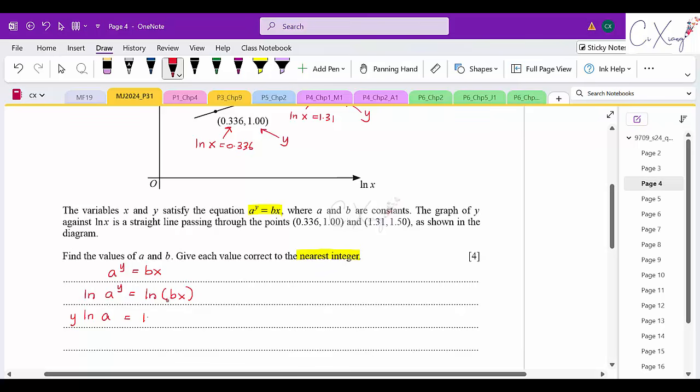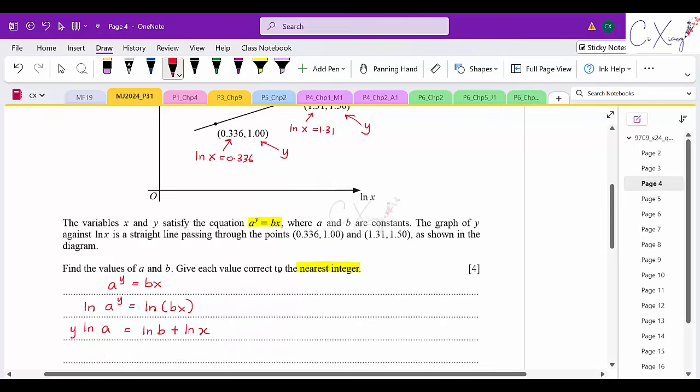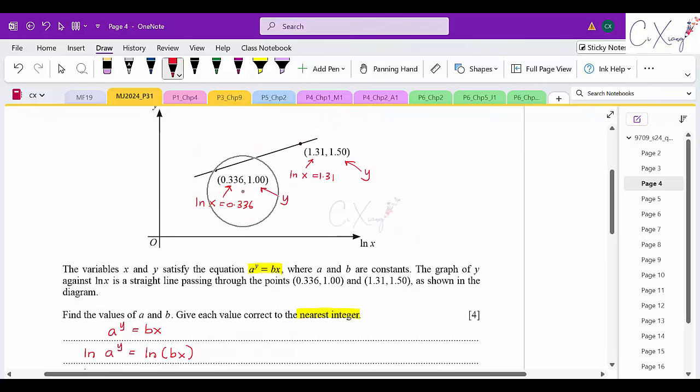We can separate it to become ln b plus ln x. So you can see that our original curve has been converted into an equation that involves ln x. Since I have the ln x and the y, I can substitute the values provided in the graph to form equations and solve them simultaneously.